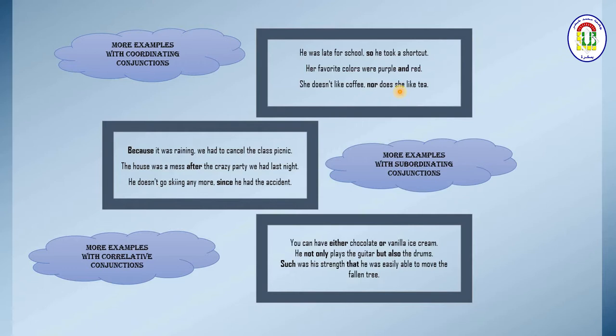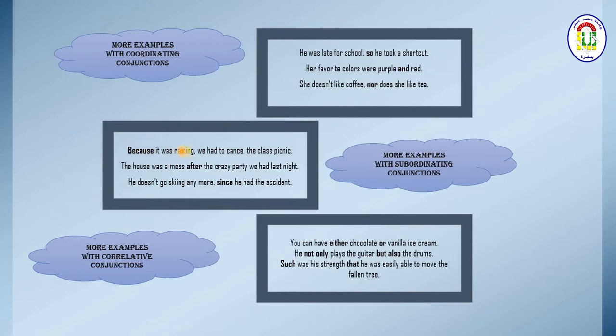We have also more examples with the subordinating conjunctions. What do we have with them? Here we have examples. Because it was raining, we had to cancel the class picnic. And look here, we have started with because, which is a subordinating conjunction.